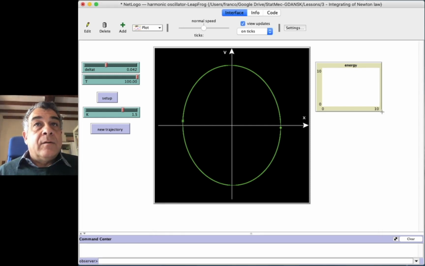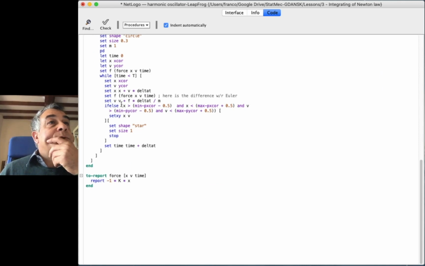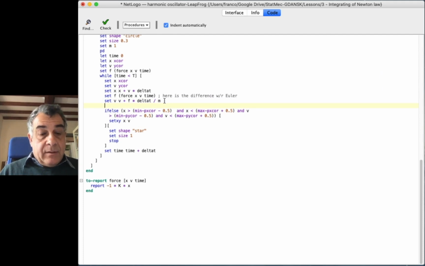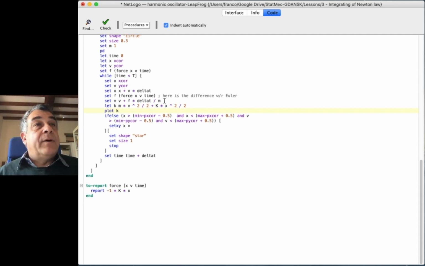Okay, so let's go to the program, and here when I compute x and v, I can add say let kin be m times v squared divided by 2 plus k times x squared divided by 2, and then I can plot it. Since I have just one plot, I don't have to select which plot I'm using.